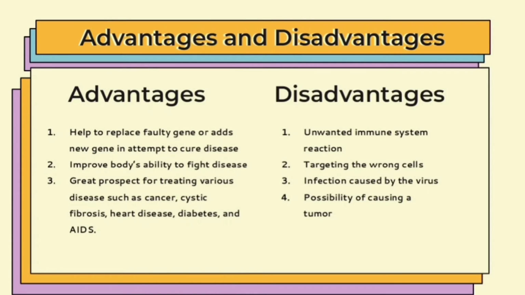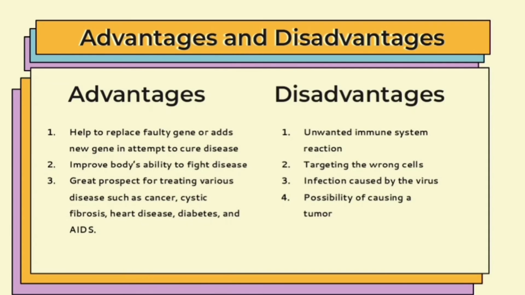The next thing is about the pros and cons, or the advantages and disadvantages, of using replacement gene therapy. There are some advantages that we could get from gene therapy. The first one is that it helps to replace faulty genes or adds new genes in an attempt to cure disease. So by replacing abnormal genes, we can prevent the expression of the genes into certain diseases.